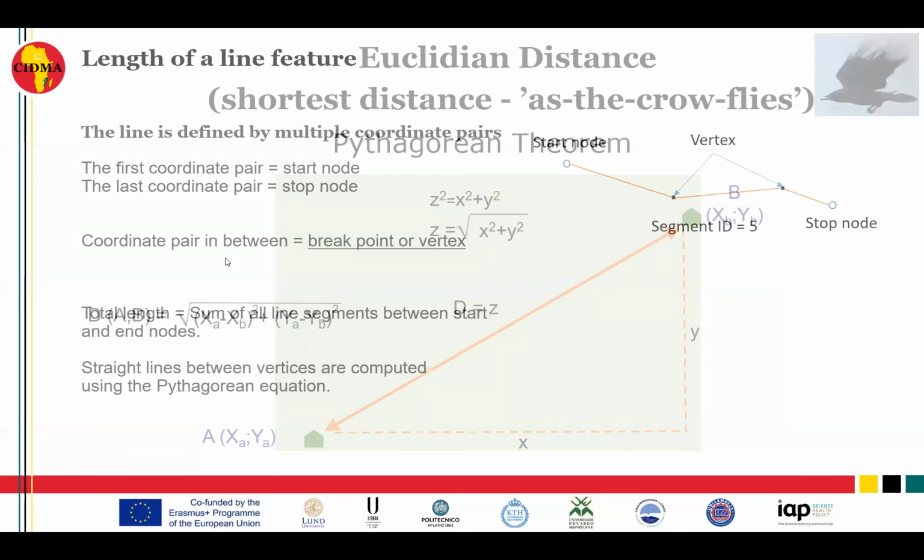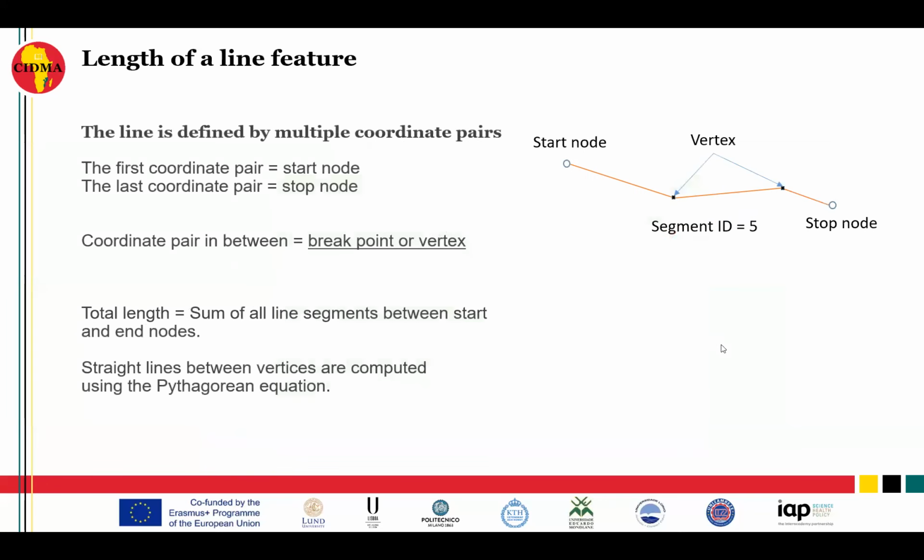So now a line feature is normally not only 2 points. It is probably a start node somewhere and some vertices between the start node and the stop node that sort of defines the line segment.